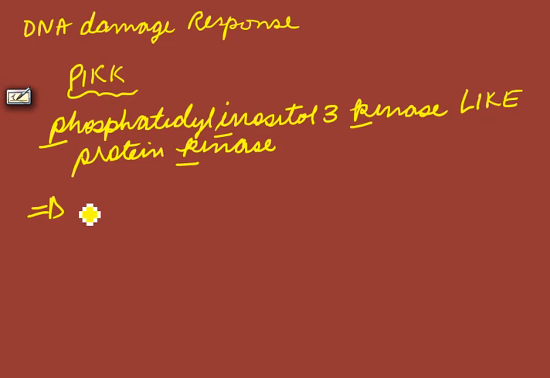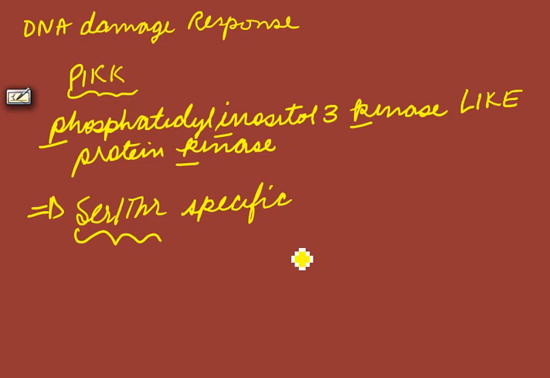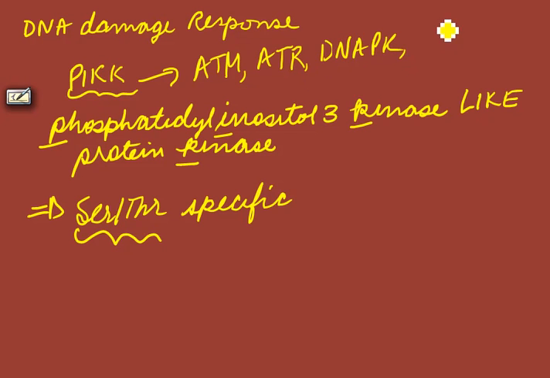An important property of this family is that they are serine threonine specific protein kinases. They phosphorylate on these two residues. Other members of this family, and I think I have a slide discussing the different members, but just brainstorming here: ATM, ATR, DNA-PK, and there's TRRAP.